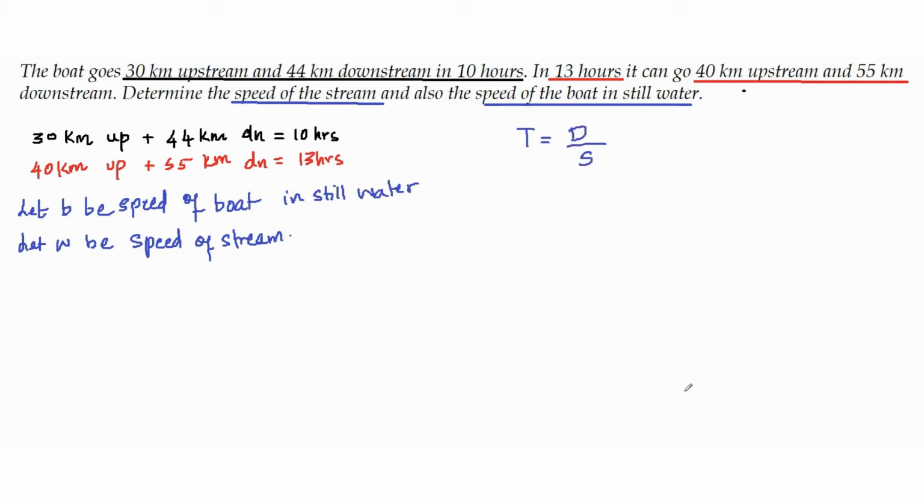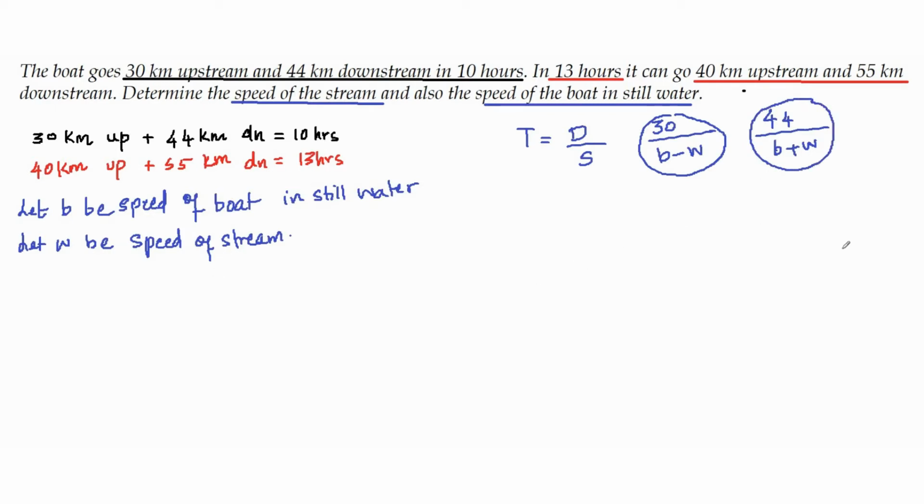To go 30 kilometers upstream, the distance is 30, and I'm going upstream, so my effective speed is V minus W. And for 44 kilometers downstream, the distance is 44 and the speed downstream is V plus W, right? So this is the time taken to go upstream, and this is the time taken to go downstream, which is 44 upon V plus W.